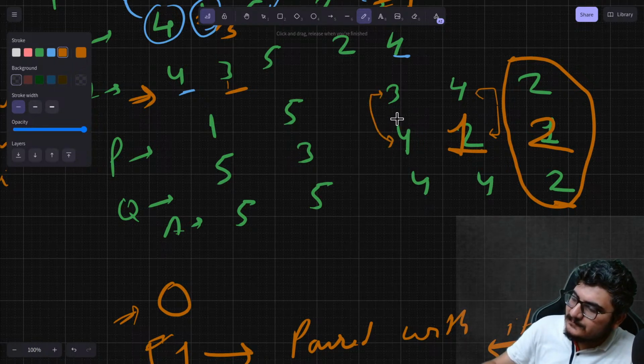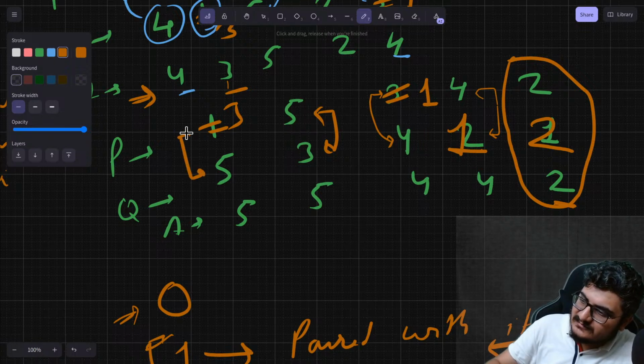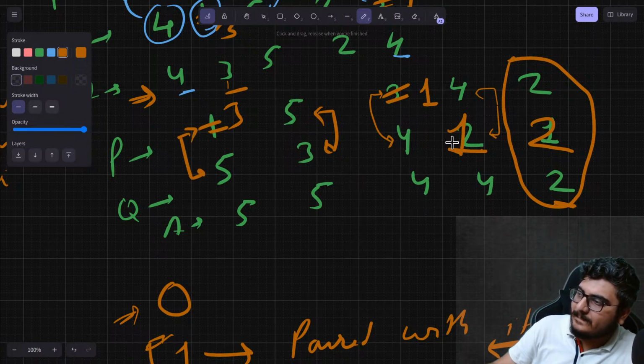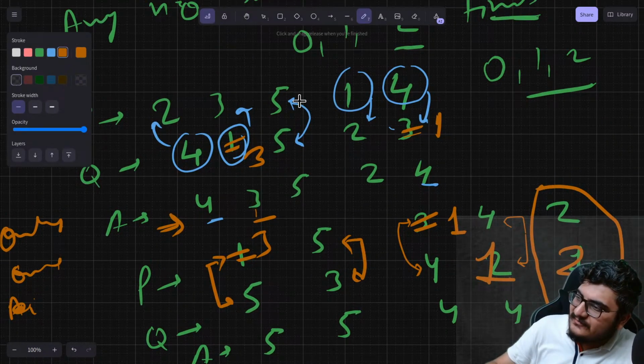What I can do is remove this one, make 1 here and make a 3 here. So that 5 is always paired with 3 in both the times. And 1 is paired with 4 in both the times. Here also 5 appears only once, so it's paired with itself. Here 1 is paired with 2, 4 is paired with 1. 4 is paired with 2.